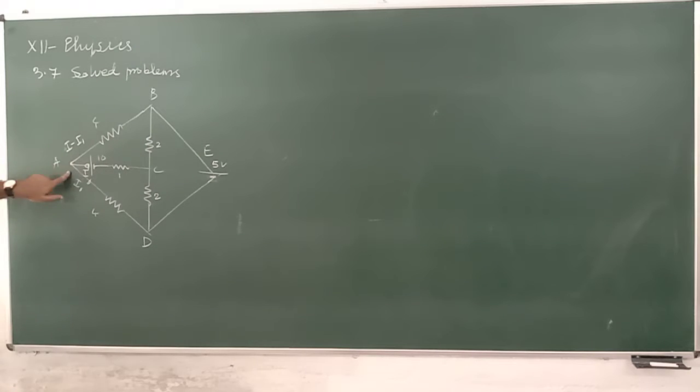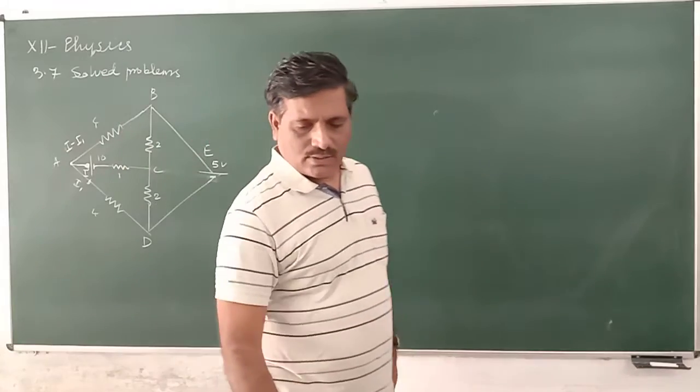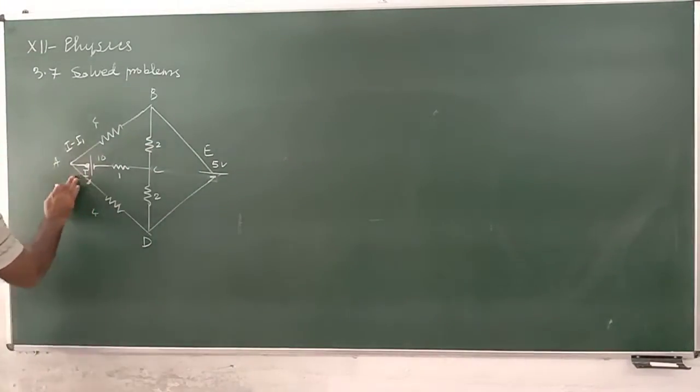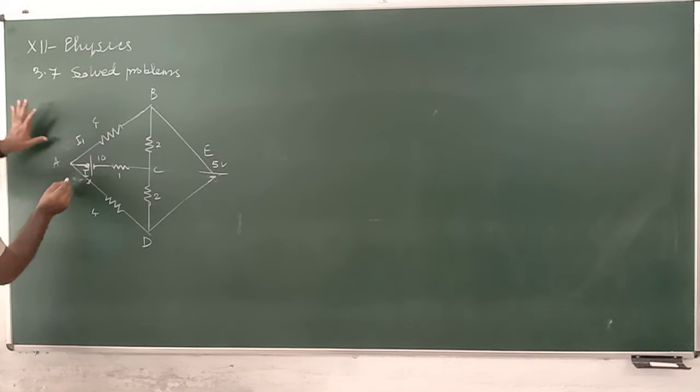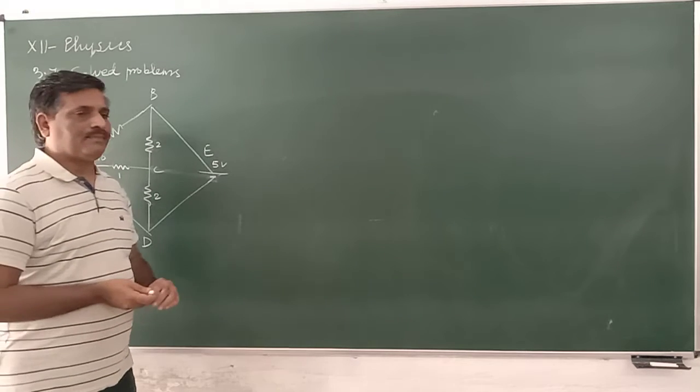So the algebraic sum of current here must be 0. From here it came I, through this one it went I1, here I minus I1. Let us stick to the notations in the book. In the book it is given that here it's going I1 and here I minus I1. It will become more convenient for you to understand.